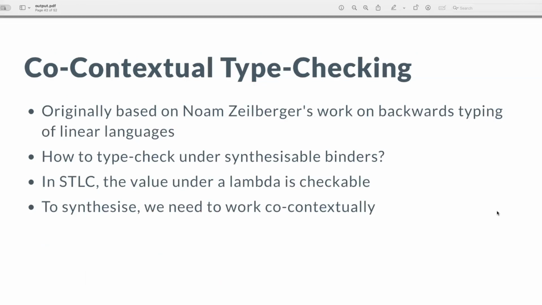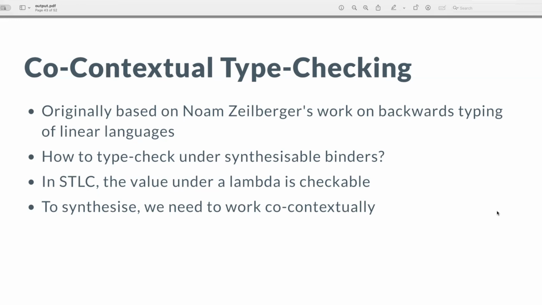Now, co-contextual type checking, originally an algorithm made by Noam Zilberger, which was based on backwards typing for linear languages. That addresses a problem: in the lambda calculus, the main binding form is a lambda, and that's checkable. It's easy to check types under binders because you have a type to check them against.